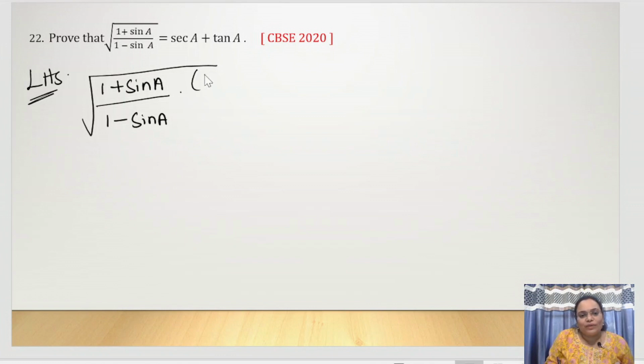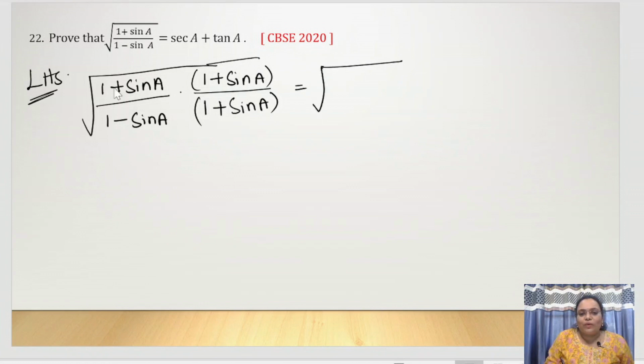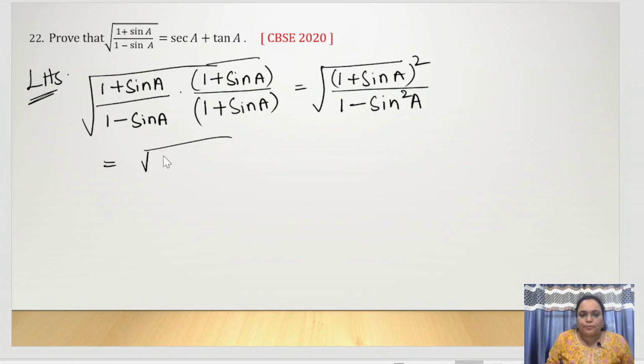Okay. So you will get 1 plus sine A by 1 plus sine A. Okay. So this will be square root of (1 plus sine A into 1 plus sine A is (1 plus sine A) whole square divided by, this will be 1 minus sine square A). I'll just divide the square root to the numerator and the denominator.